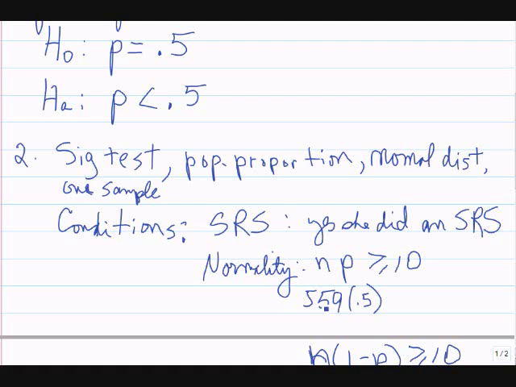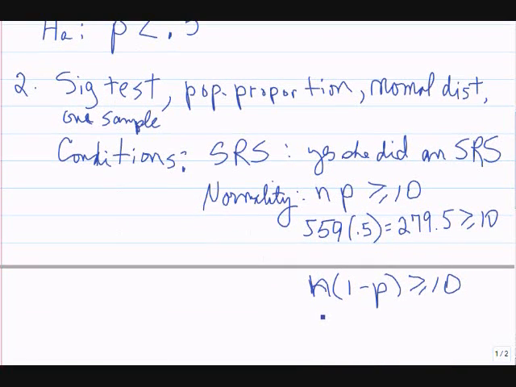Half of 559 is 279.5, which is greater than or equal to 10. And 1 minus p is also 0.5, so that is greater than or equal to 10.